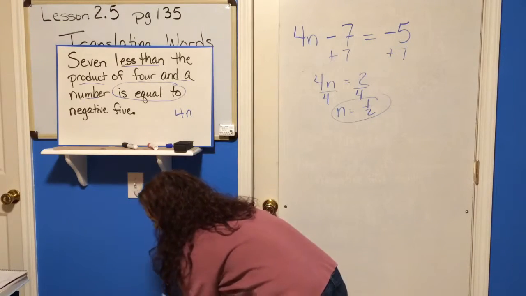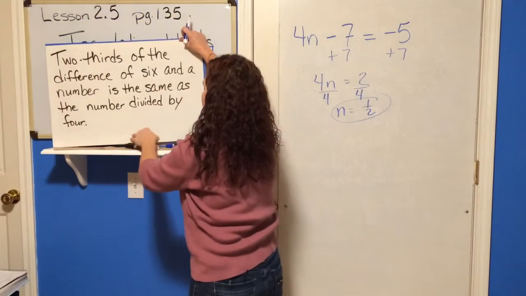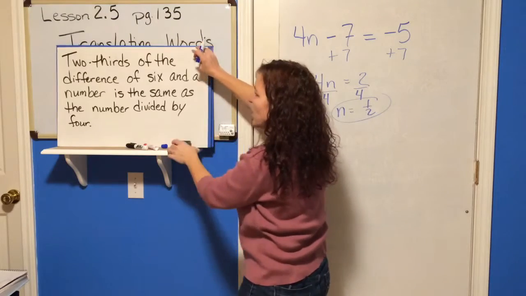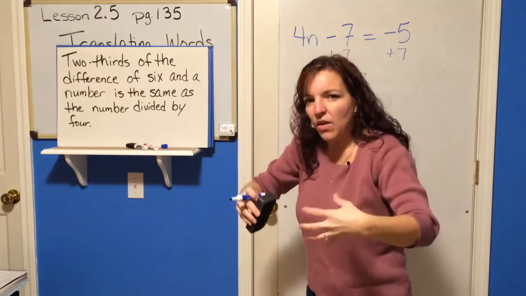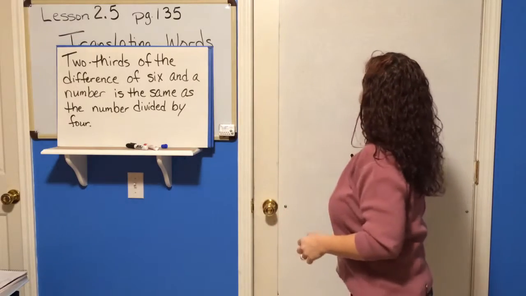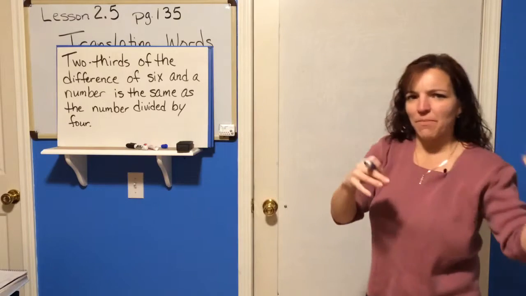Sometimes in your translating, you actually need to use parentheses to set apart either a multiplication problem within the problem or an addition or subtraction problem that you're going to multiply the whole thing by something else.